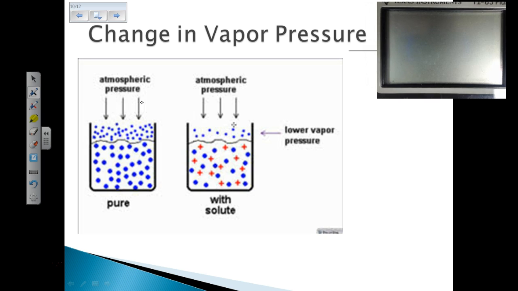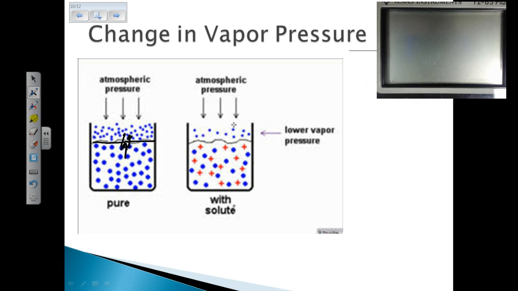When you have vapor pressure, it is the pressure the molecules apply jumping off into the vapor state from the liquid state. That happens at a certain rate and applies a pressure. Typically the atmospheric pressure is in equilibrium with the vapor pressure acting this way.